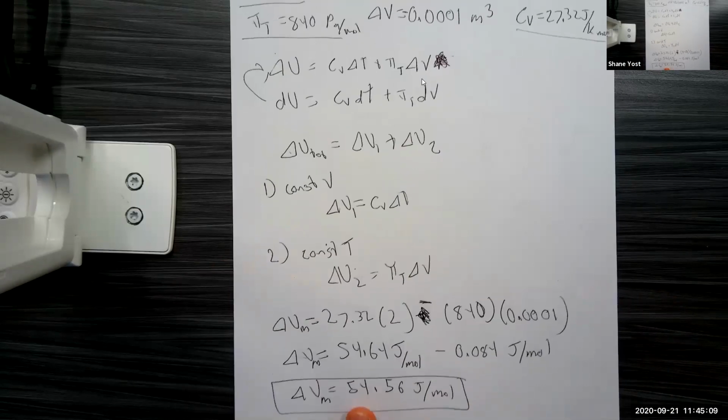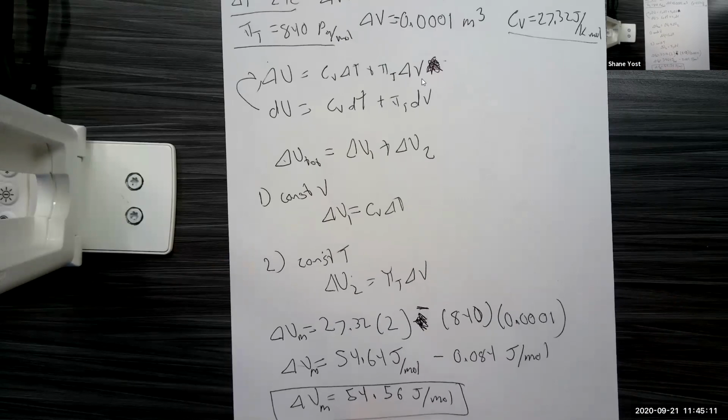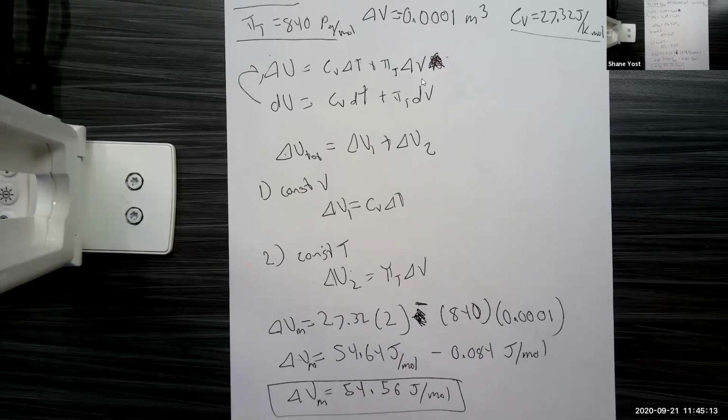Again, I just calculate it from the equation at the top. You can easily use the idea of delta U being a state function and think of calculating it in terms of two changes in internal energy for two different processes, one at a constant volume and one at a constant temperature.